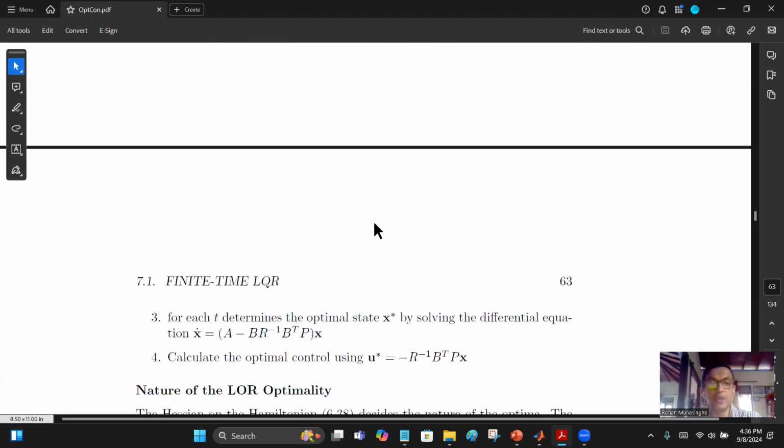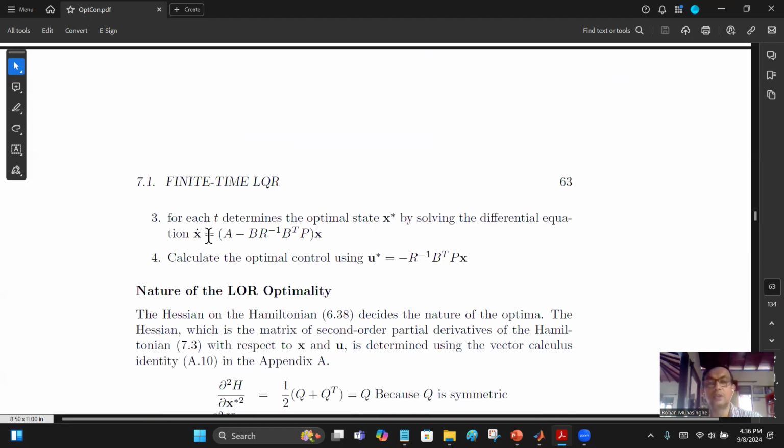So once you have P, you can calculate x star. So this one, the entire state trajectory. How state 1 changes, how state 2 changes, state 3 changes, all of the trajectories can be pre-computed. Not only that, you can use this equation to calculate the control signals you have to give at each and every point.